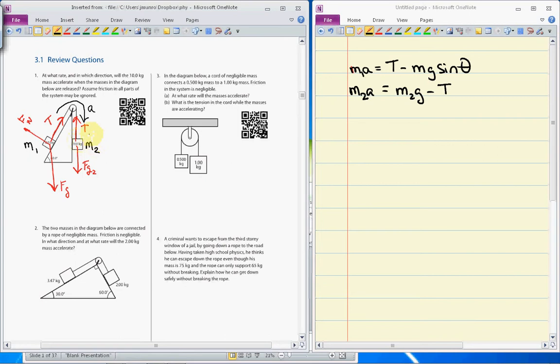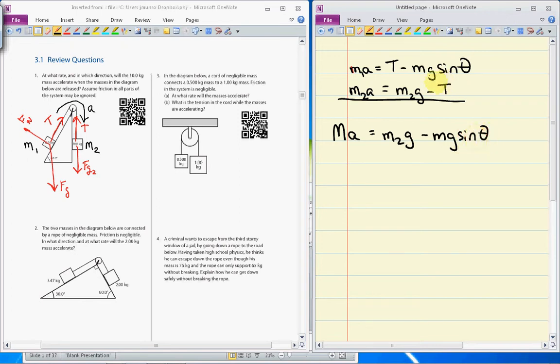In the case of M2, M2g is positive and tension is negative because tension is acting against the acceleration that I assumed. When I put these together by adding them, I'm going to get the equation M, I'm using big M to represent the mass of the entire system, times A is equal to m2g minus mg sine theta.